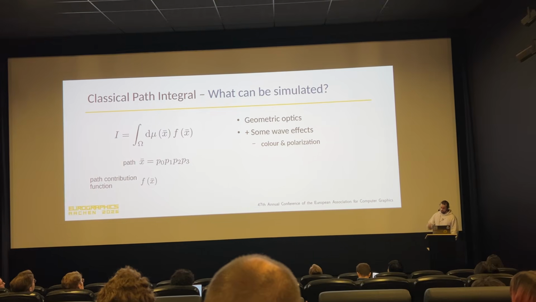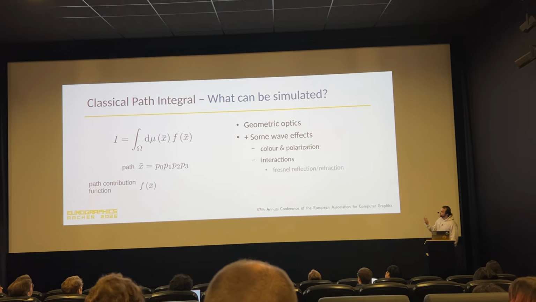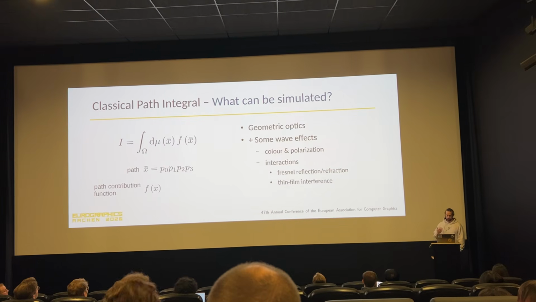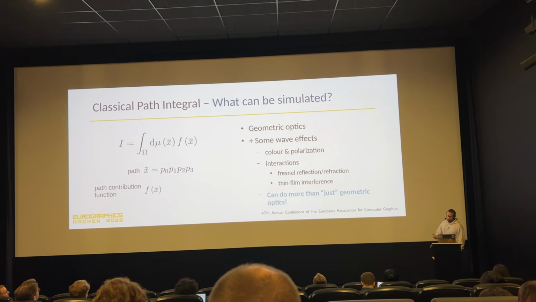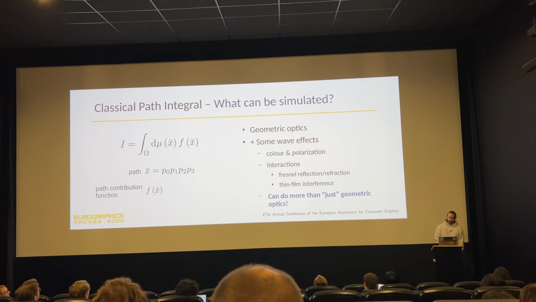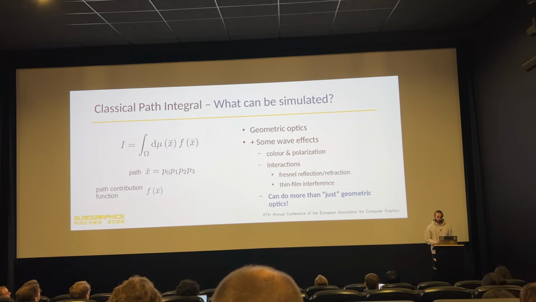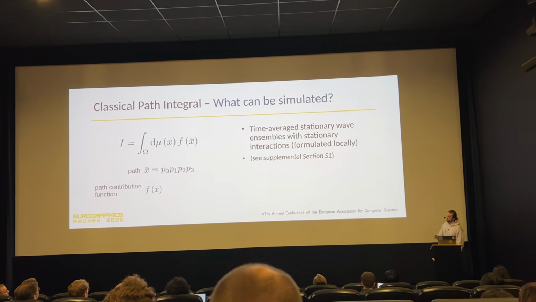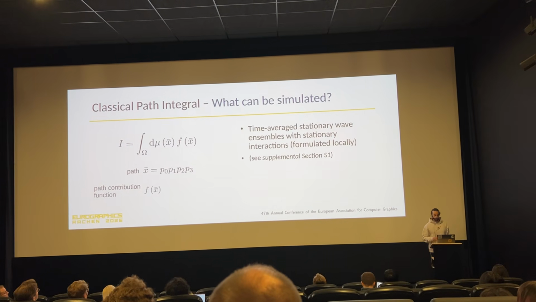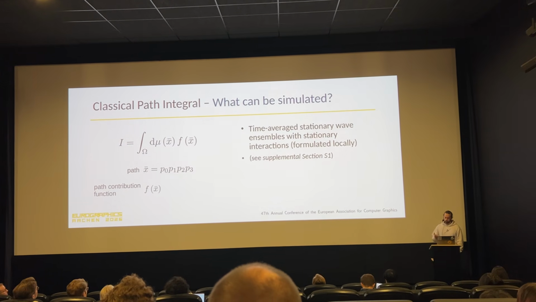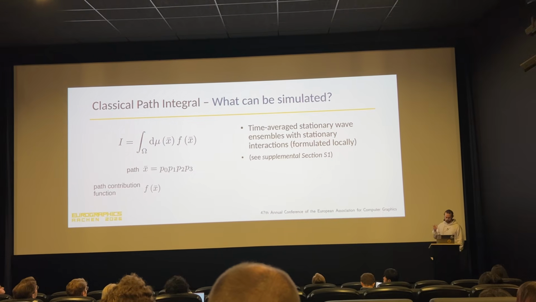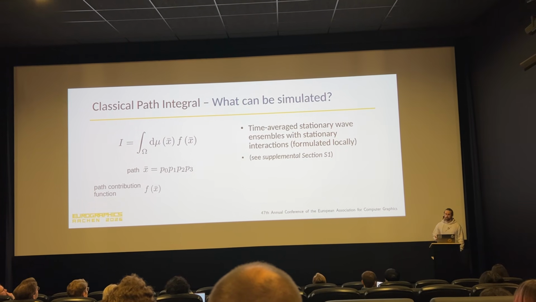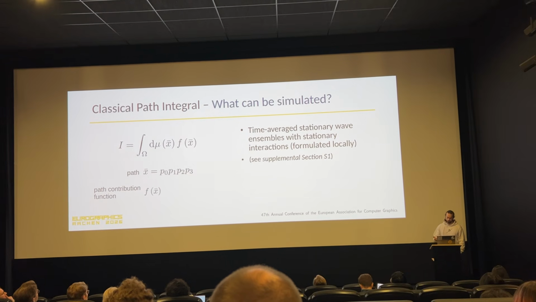Some, like color, are rather trivial, but some do depart strictly from a classical model that is devoid of interference phenomena. So we feel that the question, what actually can be formulated using a classical formulation, has not been given the attention it deserves, and in our supplemental material, we rigorously and formally set limits on the reproducible phenomena under classical path tracing. It is important to understand our tools before we build new ones.